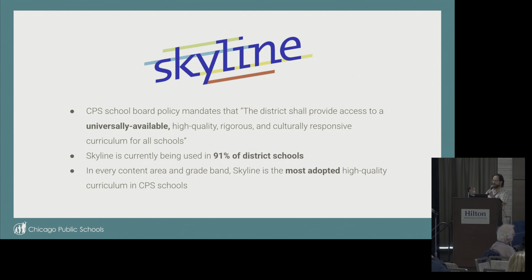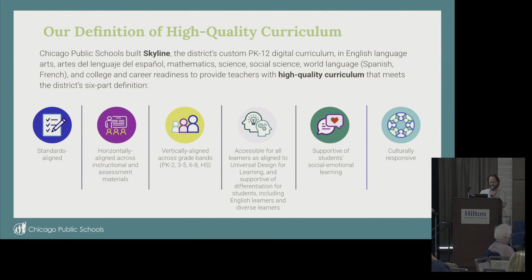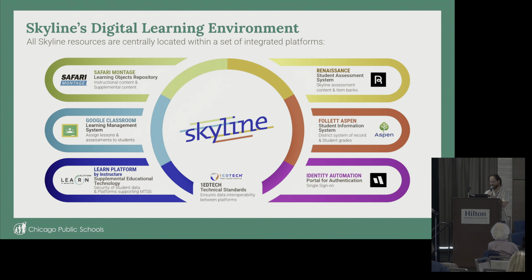Today, it's in most of the schools in at least one content area. And what that means is that we have a robust amount of information about what we think is some really high quality instructional materials. We also think it's vertically aligned and culturally responsive. And that's pretty important for the next things that are to come.